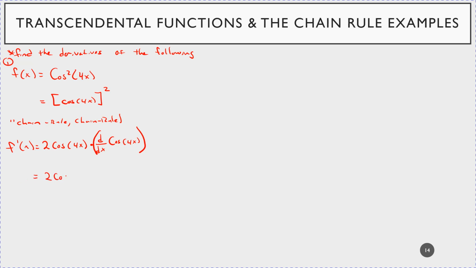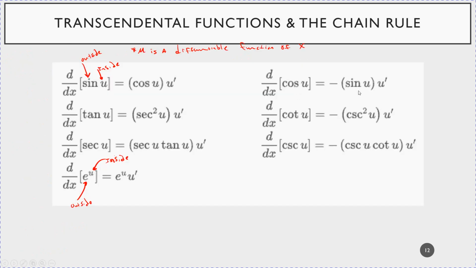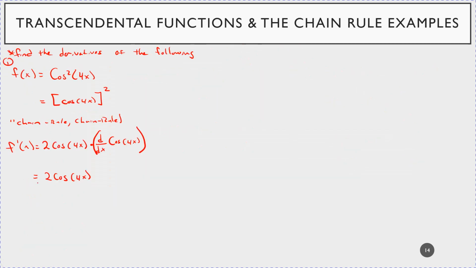So this is 2 cosine of 4x. Derivative of the outside, so look, derivative of cosine is minus sine. So this is minus sine of 4x. And then the derivative of the inside, derivative of 4x, is another 4. So 2 times 4 here, and the minus, so this gets me minus 8 cosine of 4x times sine of 4x. So it's a chain rule twice problem here.